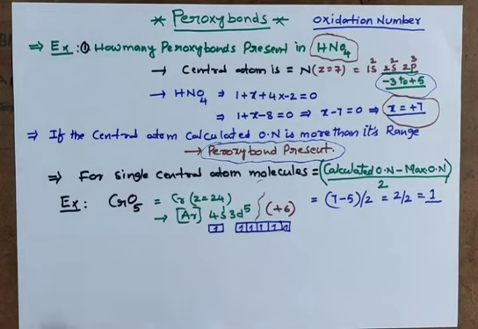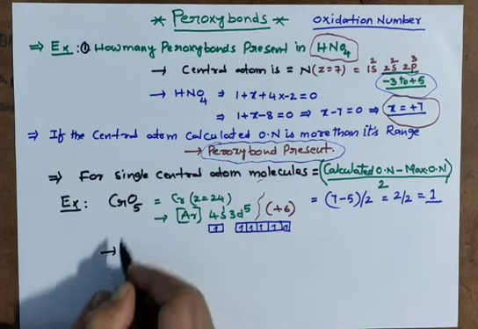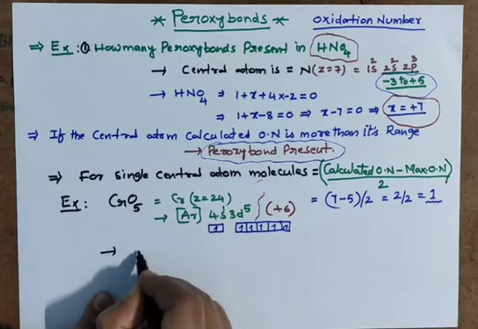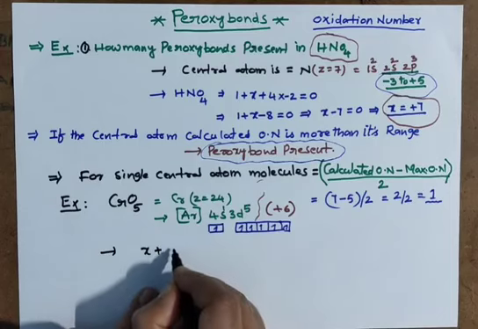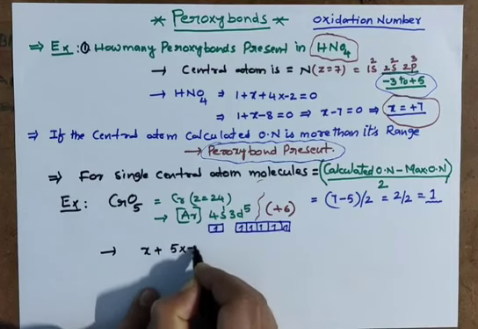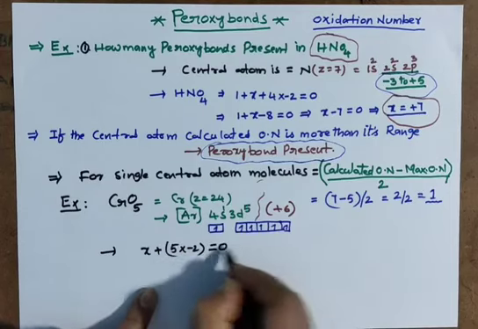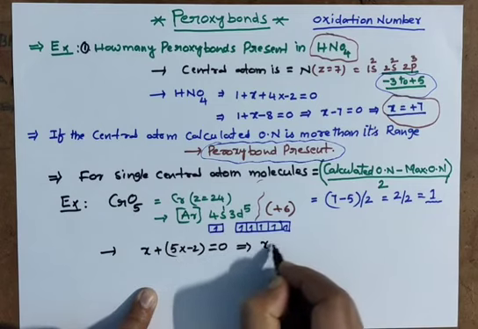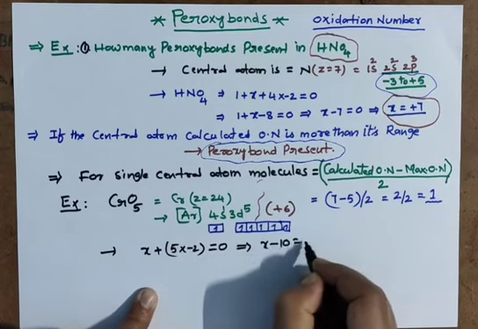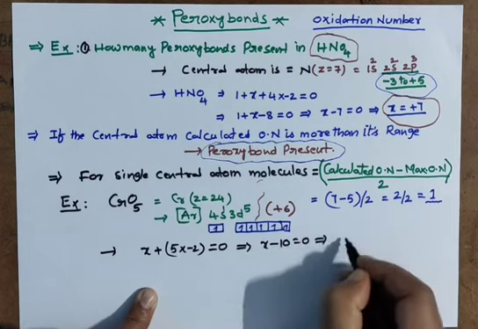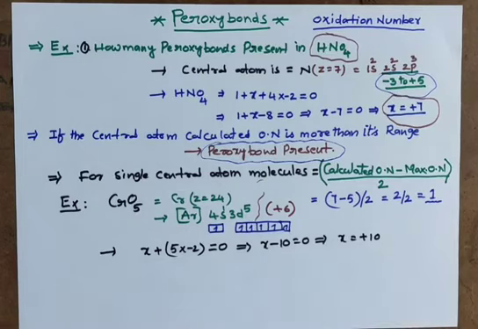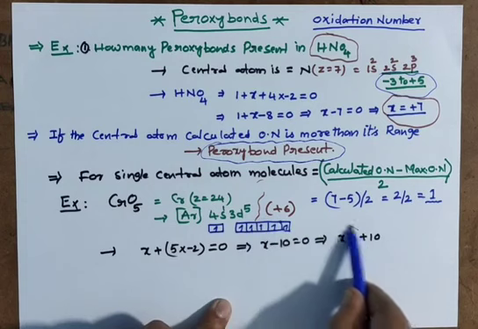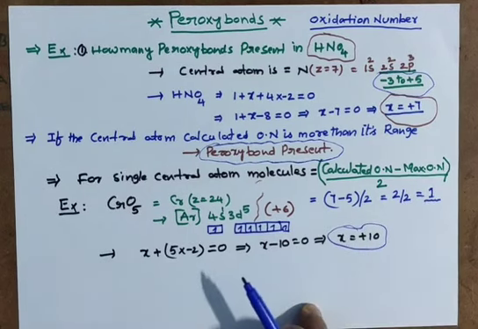Now you calculate the calculated oxidation number in CrO5. For Cr we need X, plus oxygen, 5 into minus 2, equals 0. That implies X minus 10 equals 0, that implies X equals plus 10. X, how much did you get? Plus 10. So the actual oxidation number is plus 6, and the calculated oxidation number is plus 10.